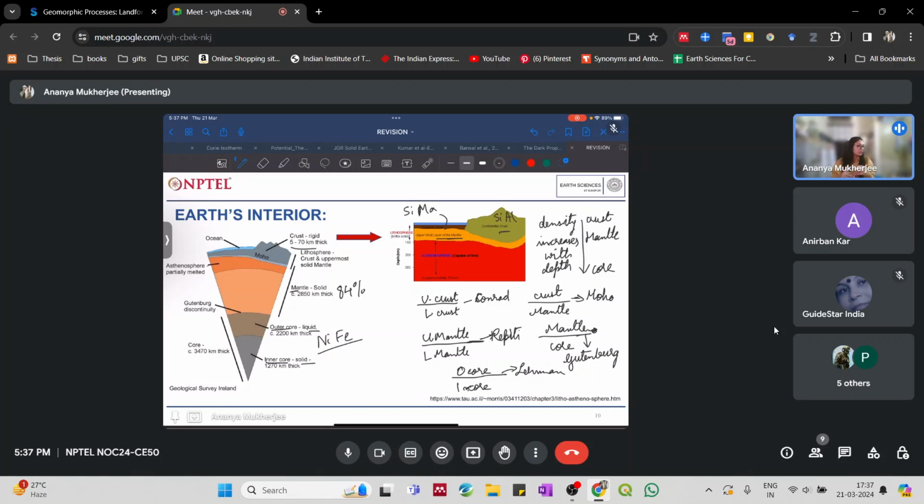These discontinuities were all found by studying how seismic waves travel through the Earth's interior, and they are recorded at the other side from where the waves are generated. I will refer to the slides for what has already been taught in the weekly classes.